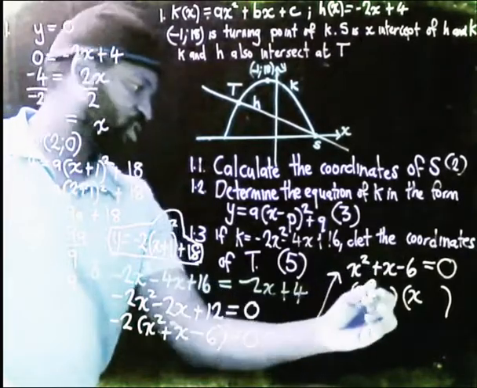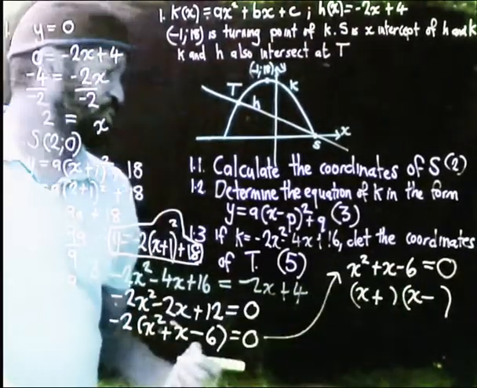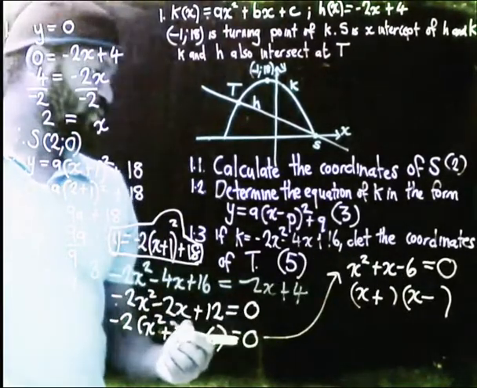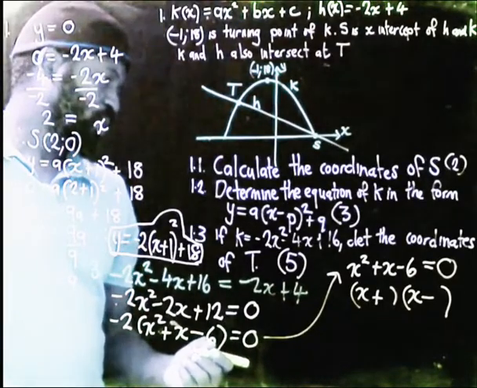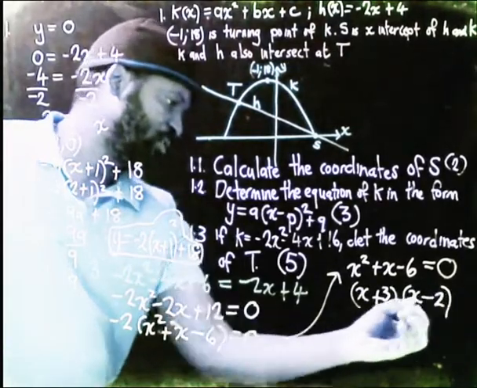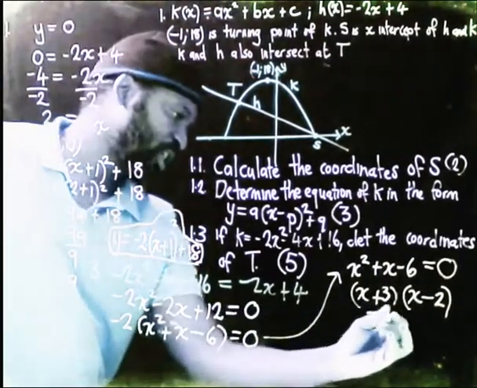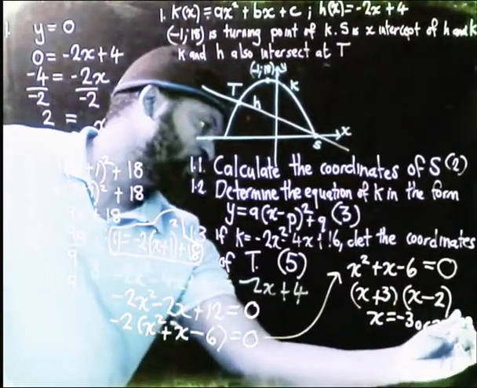The last term is a negative, so I'm multiplying a positive and a negative to get a negative. Two factors of 6 with a difference of 1 are 2 and 3. 3 must be the positive number and 2 must be the negative, because 3 minus 2 will give me 1. So x equals minus 3 or x equals a positive 2.